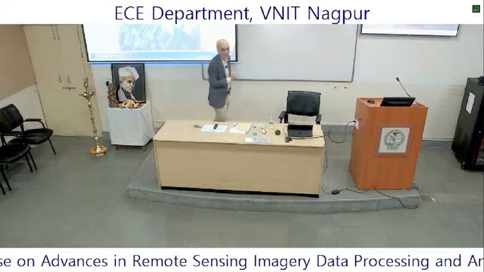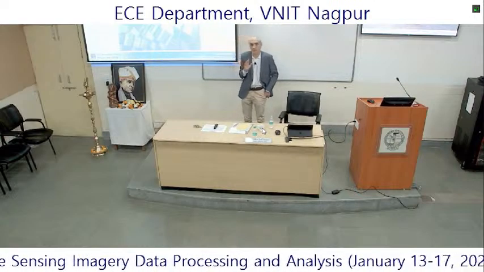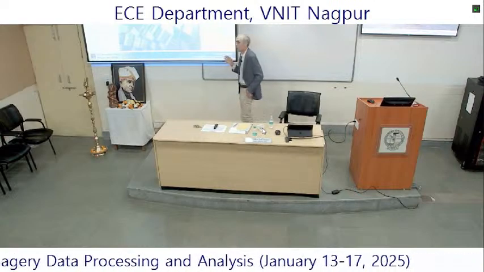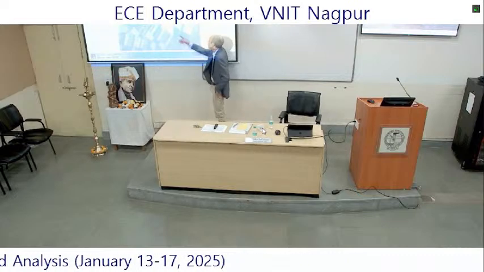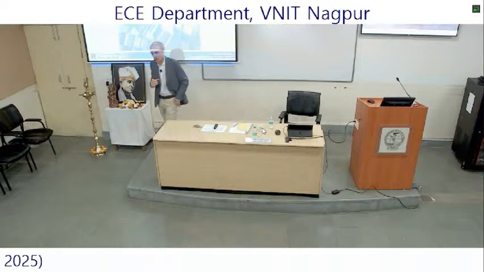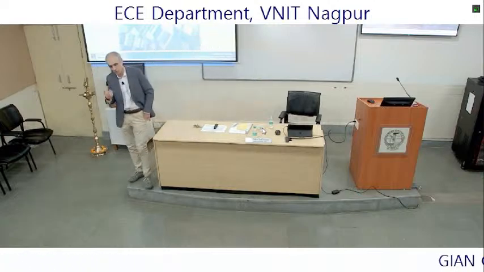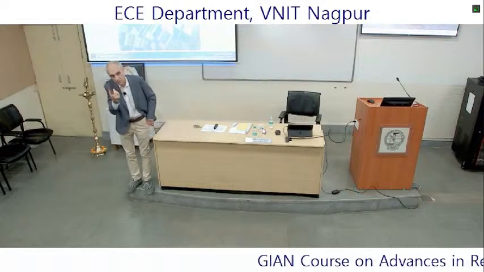Does that make sense? And here you have no spectral information at all. How can you classify based on the information content of this? For sure, you cannot use spectral information, which you don't have, but you can still use spatial information.